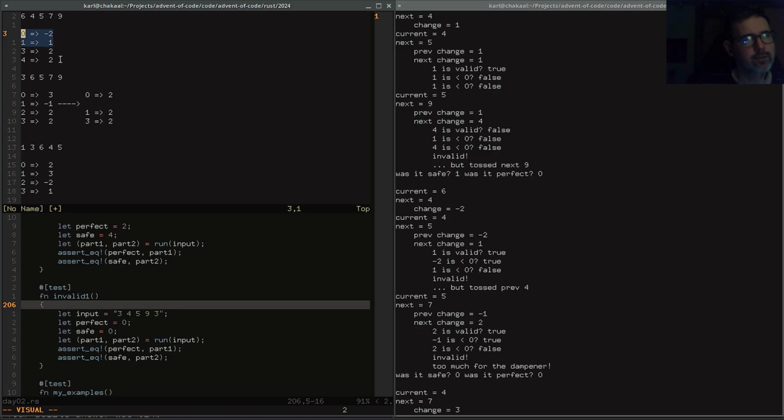We have to kind of look at the whole list to see what are we doing. And if we can't make a decision, we're probably invalid because we have more than one invalid or more than one unsafe transition.